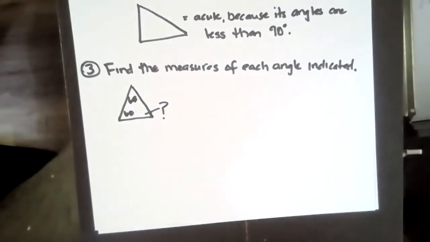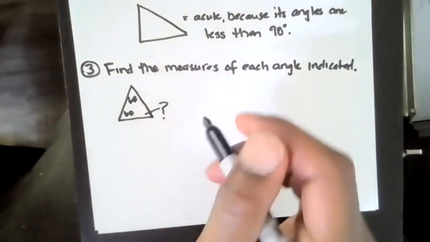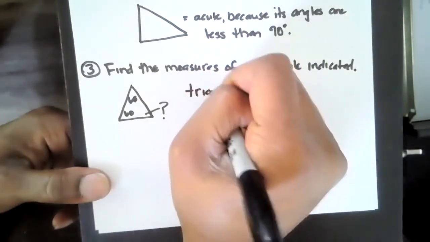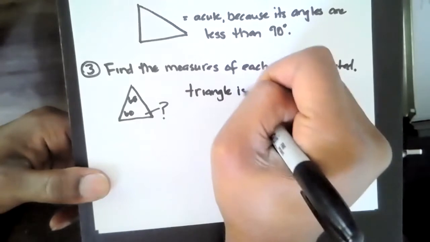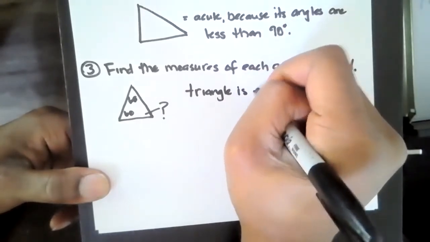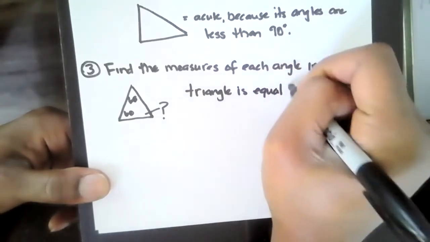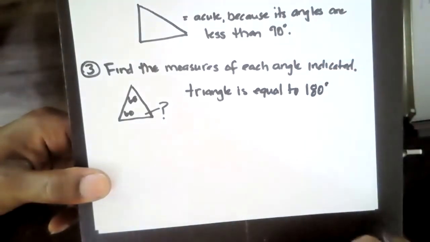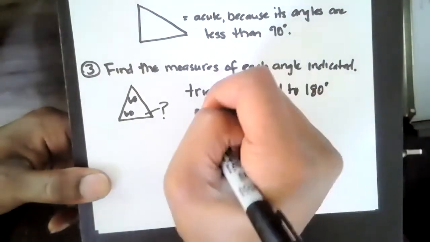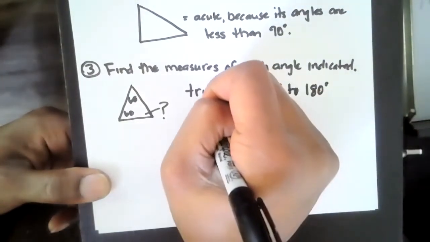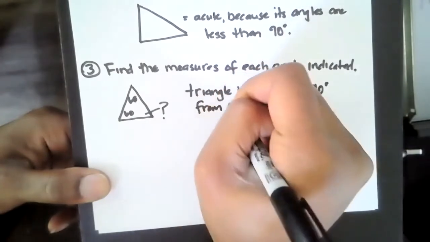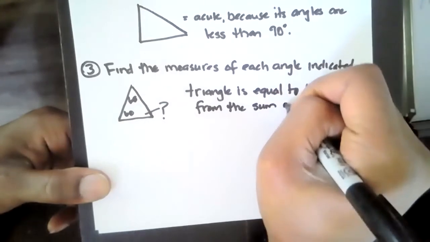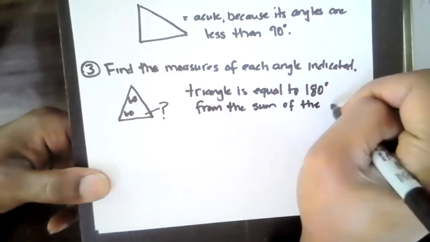How do we find the measure of that angle? What do we know about triangles? That a triangle is equal to 180 degrees from the sum of its angles.